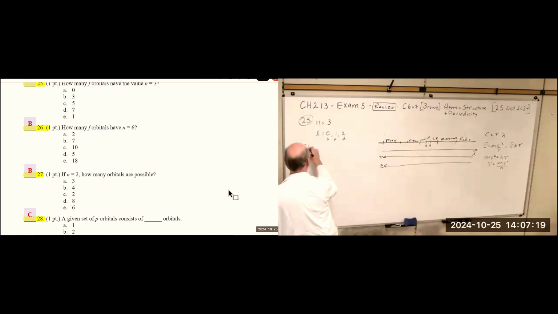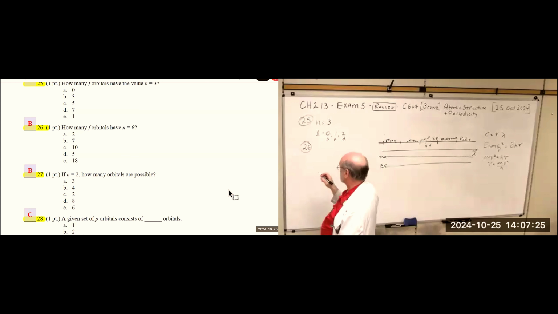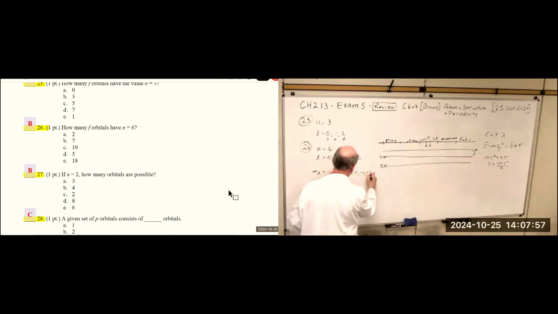26. How many F orbitals have n equals 6? Okay, n equals 6. L can be 0, 1, 2, 3, 4, 5. So this is F right here. So that F will have m sub L of -3, -2, -1, 0, +1, +2, +3. 1, 2, 3, 4, 5, 6, 7 orbitals.